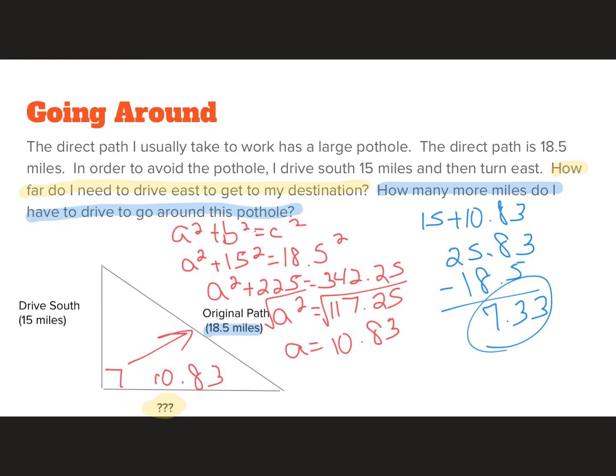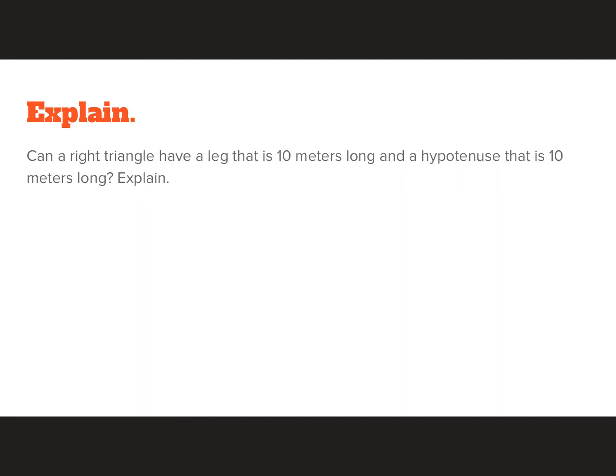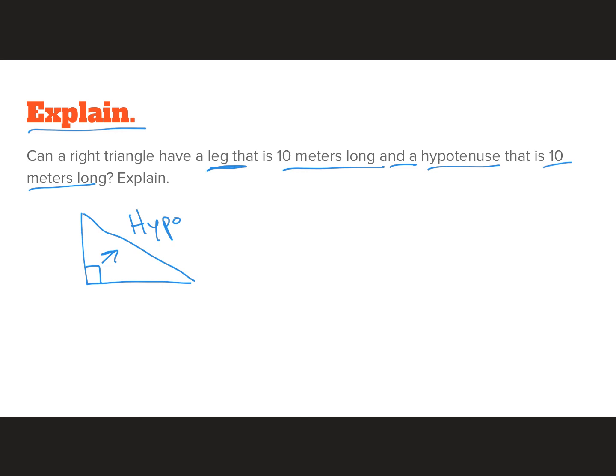Okay, one final problem. In this case, we're just being asked to explain. Can a right triangle have a leg, remember the legs are the sides that are not the hypotenuse, that is 10 meters long, and a hypotenuse that is 10 meters long? Explain. Well, remember we talked about this. The hypotenuse is always the longest side.